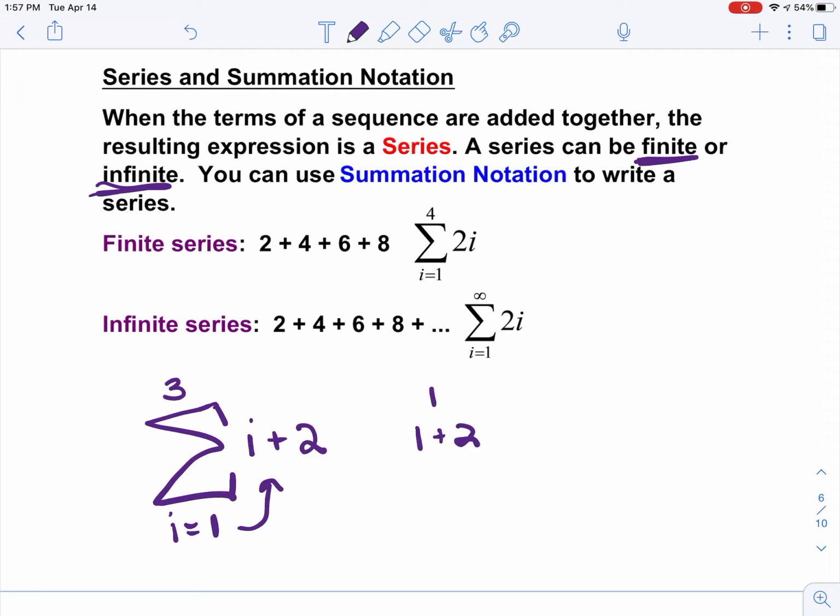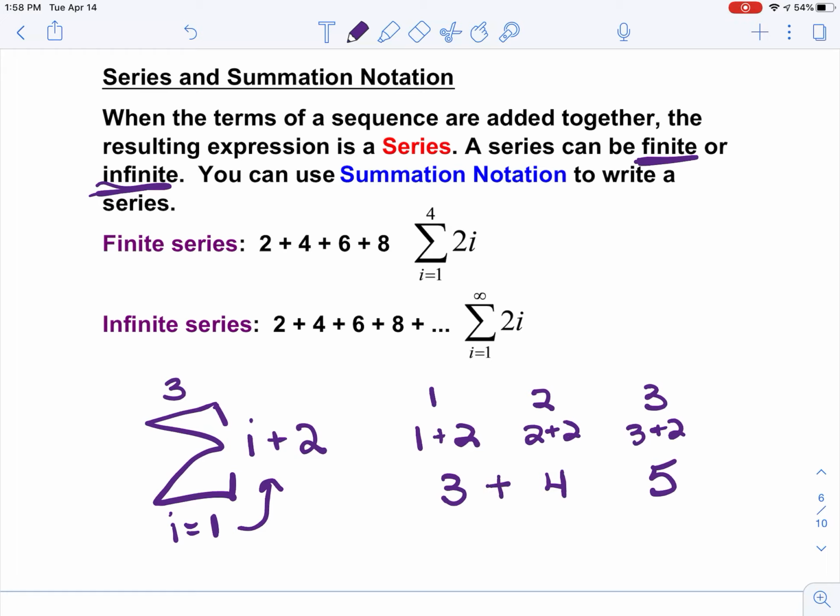So 1 plus 2 is my first term, and that is 3. My second term means I'll put in a 2. 2 plus 2 is 4. And then I'm going to stop at my third term and put a 3. 3 plus 2 is 5. So the sequence for this is 3, 4, 5.